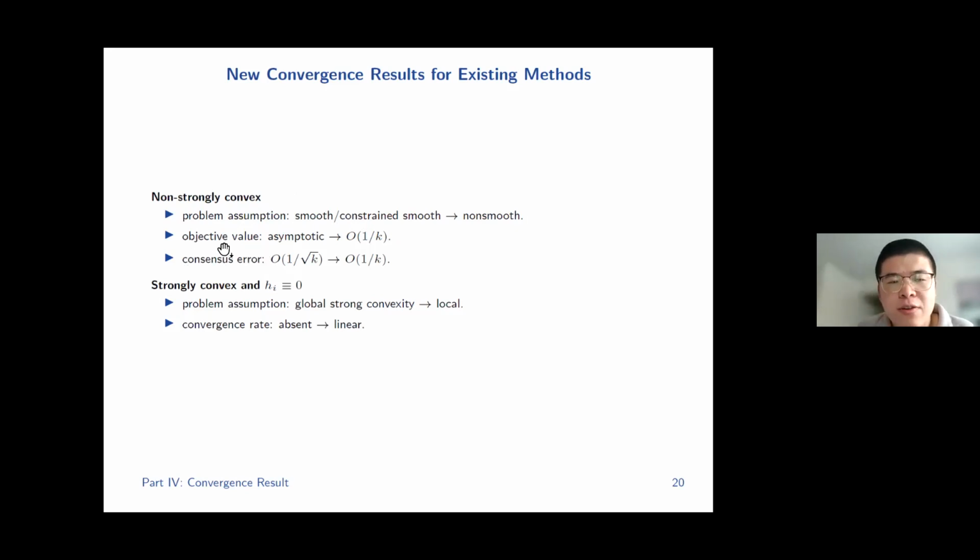For objective error, from asymptotic to big O of 1 over k, and for consensus error from big O of 1 over square root k to big O of 1 over k.